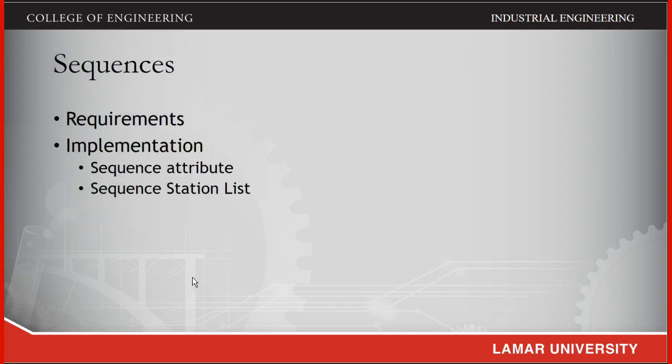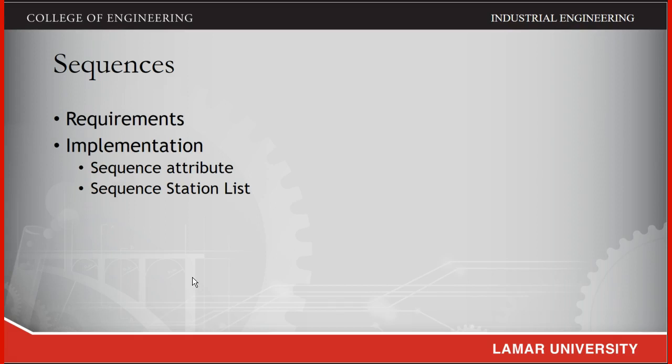One new concept is the concept of sequences. So far we have considered that the destination of the next node could depend on the decision making, but essentially all the entities will follow the same path.